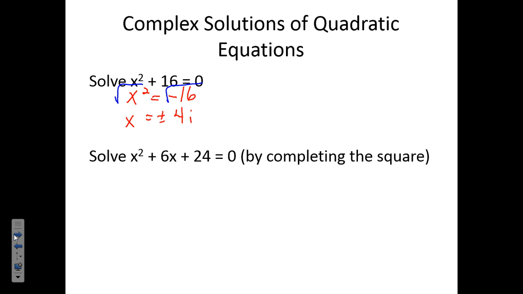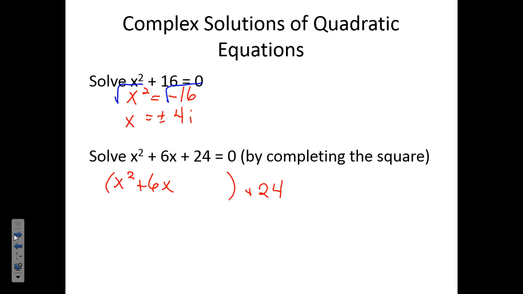So solving this, we're going to throw a little completing the square in as a review, because we started out by completing the square to find the vertex of our parabola in this chapter. So I want to solve x squared plus 6x plus 24 by completing the square.